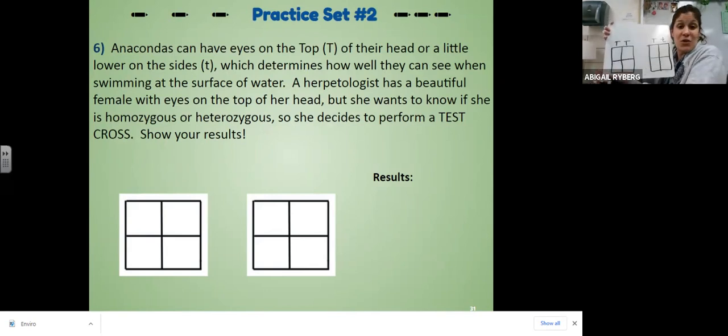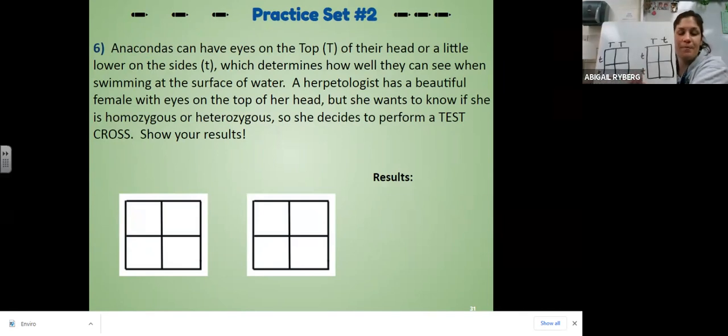So to do a test cross, we cross this individual with a homozygous recessive, because we know by looking at that anaconda, because the eyes are on the side, we know their genotype right off the bat. So we're going to take this female that's either homozygous dominant or heterozygous and breed that anaconda with an individual that has eyes on the sides of their face. Okay, so let's fill in the blanks.